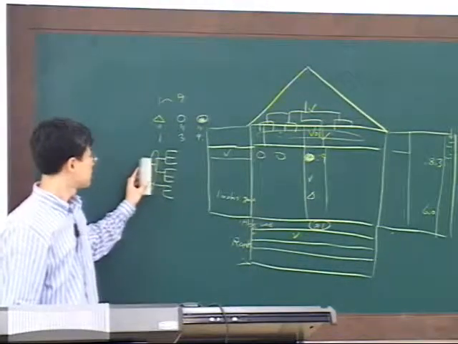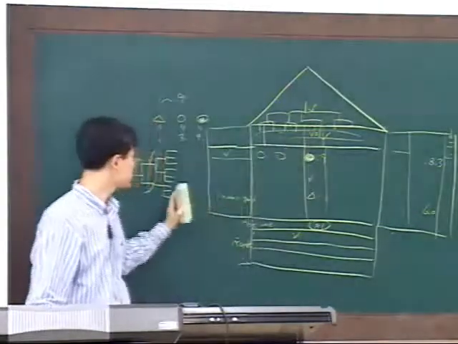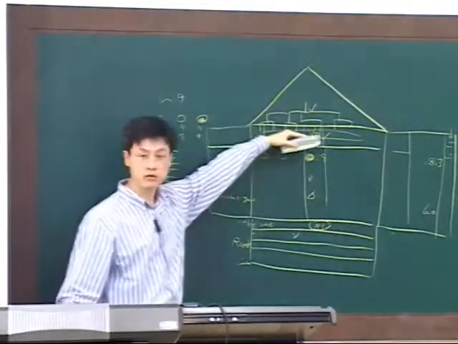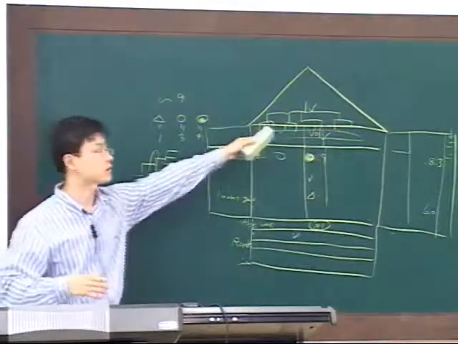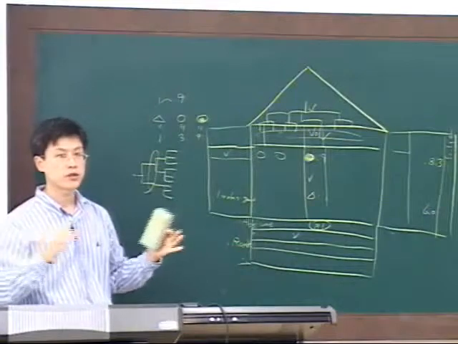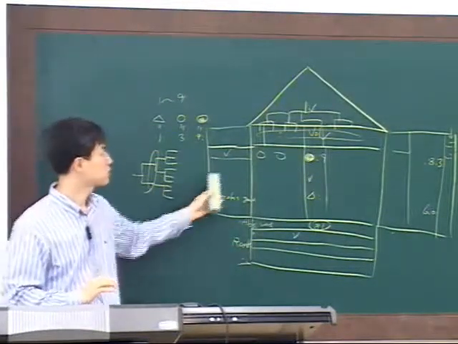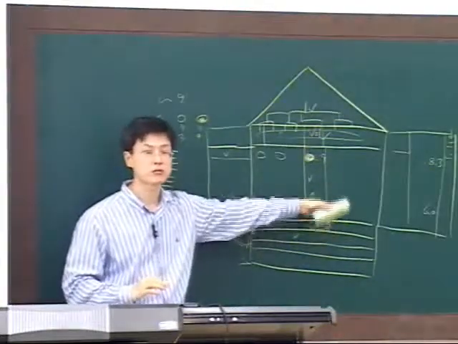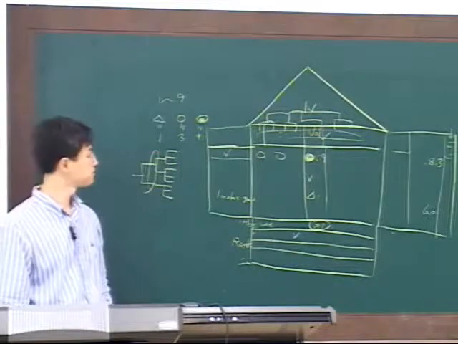So, if higher level, then choose higher level here. If you choose a detailed level here, you choose the detailed level here. Match the level of details here and there. Okay? And by cleverly choosing the right level of detail, you can manage to build this house of quality. Okay?